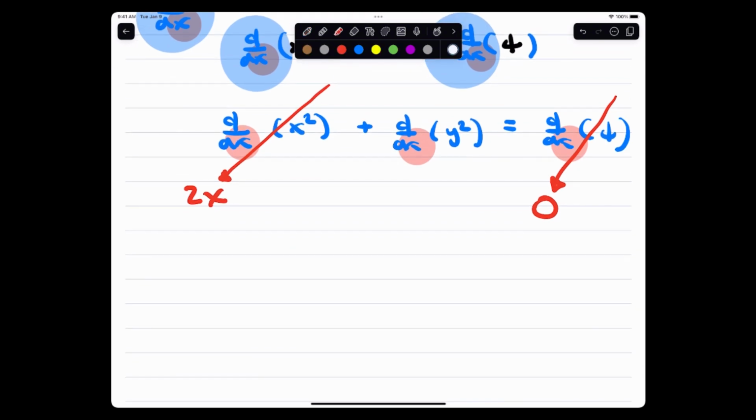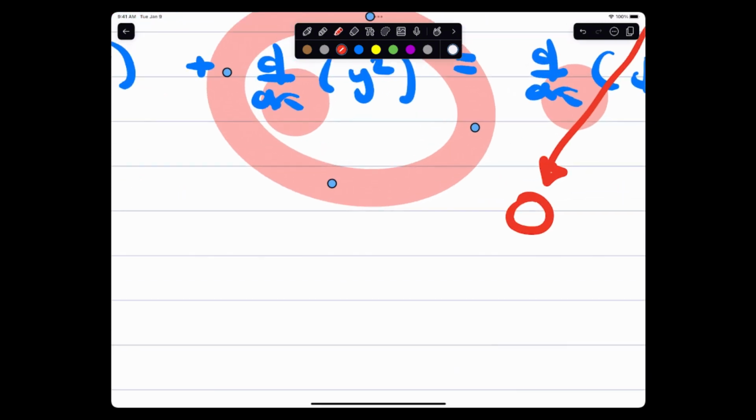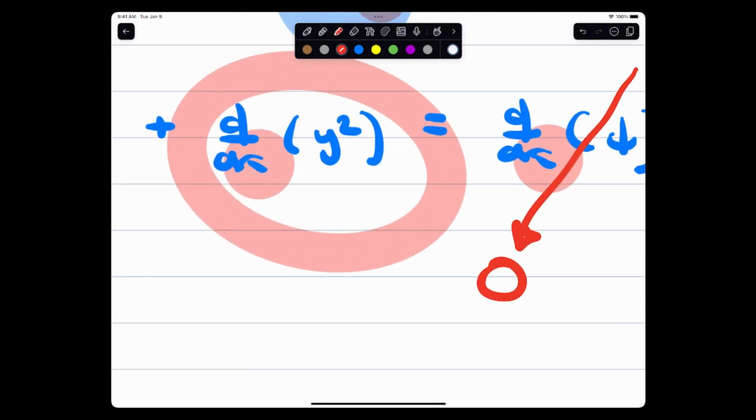Now, here's where you really focus. This is going to be interesting. This is the part that's interesting. What I didn't say is that you always have to assume, because it's actually true, I can prove it to you. You assume y is a function of x. You see that y variable?